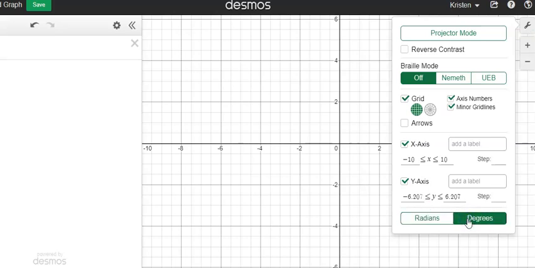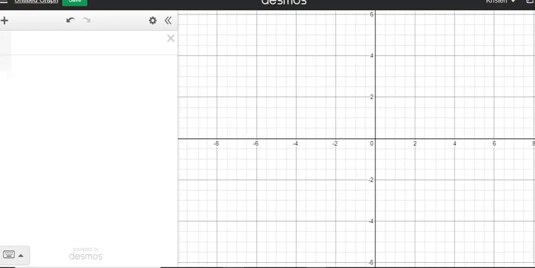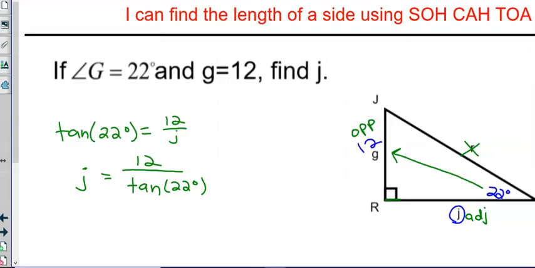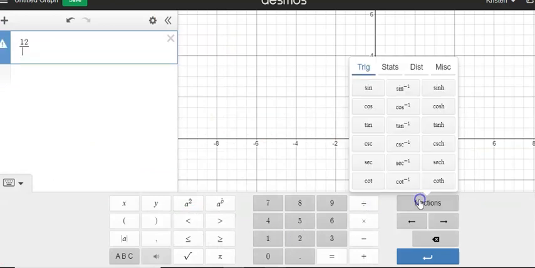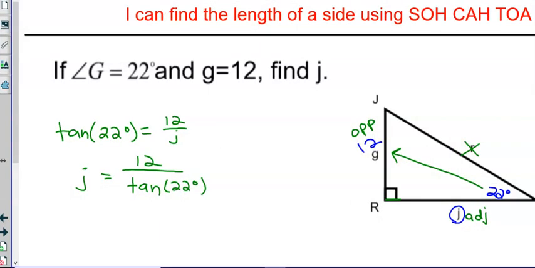I think it defaults to radians, so you're going to want to flip that to degrees. And then all you have to do is type in, what was it, 12 divided by tangent of 22. Tangent is going to be in the functions. And your answer is going to pop up as 29.7.